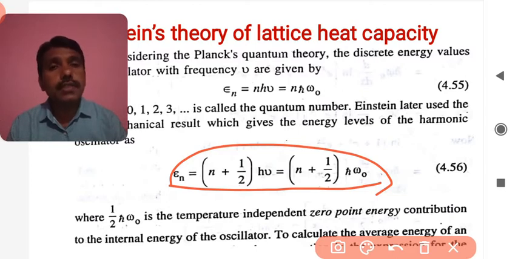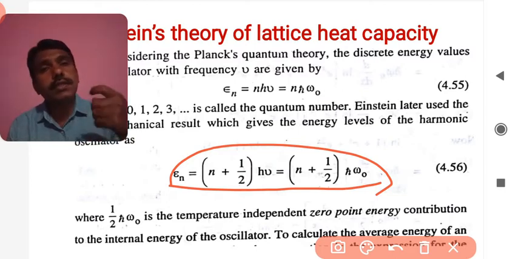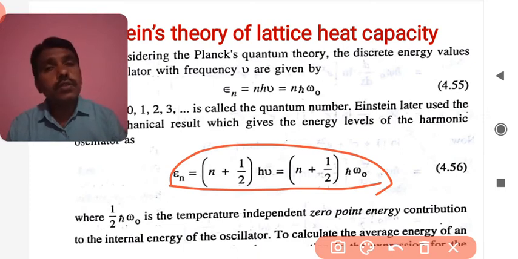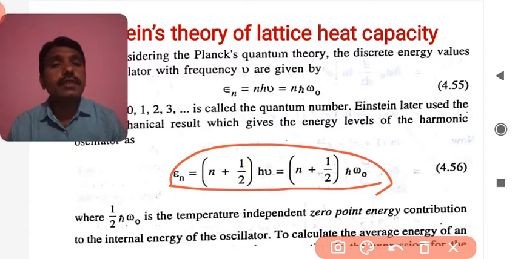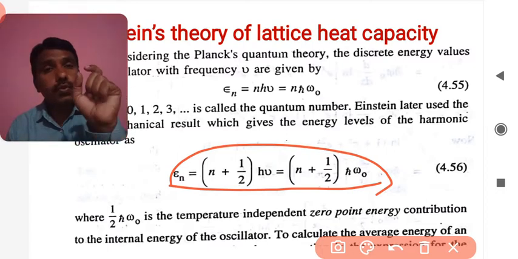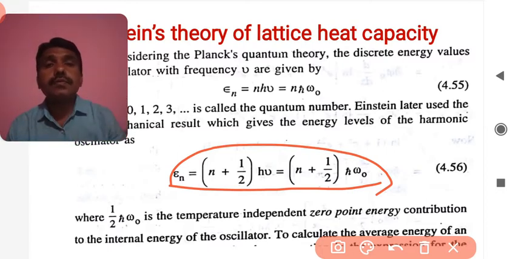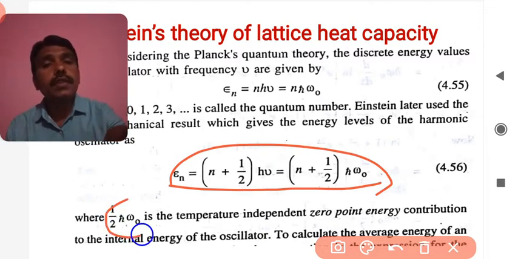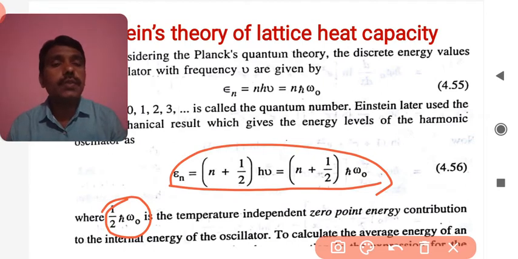Now, whether I increase the temperature through 1 degree or the temperature is 0 degrees, there is still energy in that crystal or solid. That is the quite interesting Einstein theory, and that's why he included this term, half h cross omega 0, the temperature independent zero point energy. Whether you give temperature to that crystal or not, it doesn't matter, there is still energy, and the amount is half h cross omega 0, temperature independent.